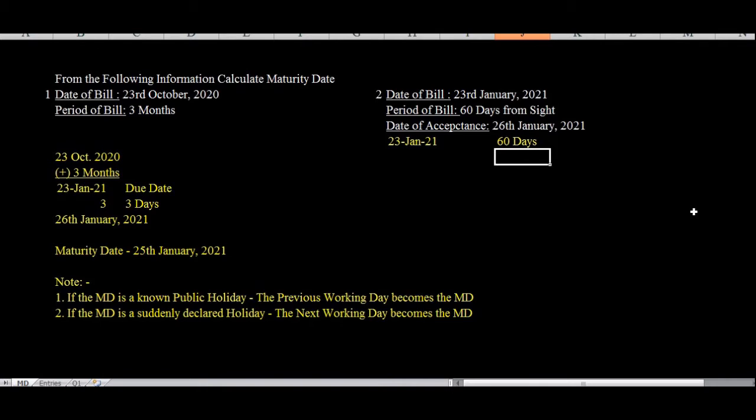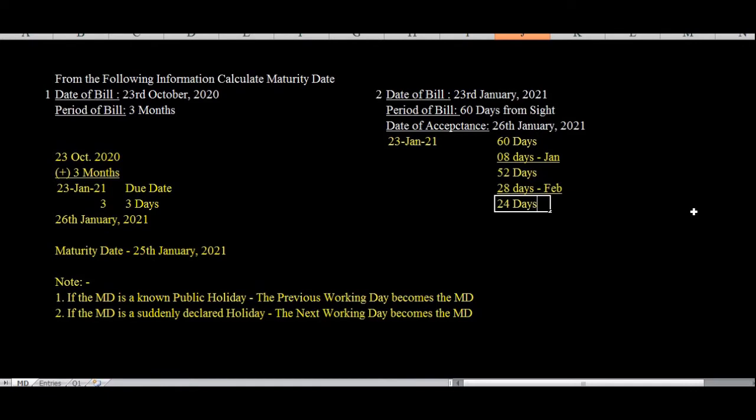There are total 31 days in January, 23 gone, so we are left with 8 days of January. When we leave this, we are left with 52 days. After January, the next month is February 2021. There are 28 days in February. Let's deduct that as well. If we remove it, we are left with 24 days.